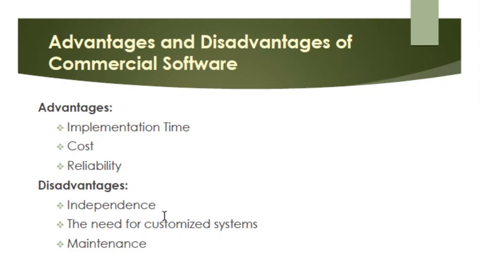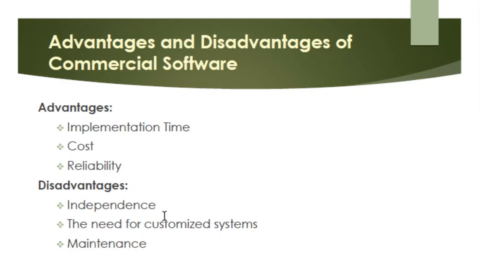Especially if you are purchasing the vendor supported system, wherein a third party will serve as your in-house development team, diba? So the user runs the risk that the vendor will cease to support the system or even go out of business.